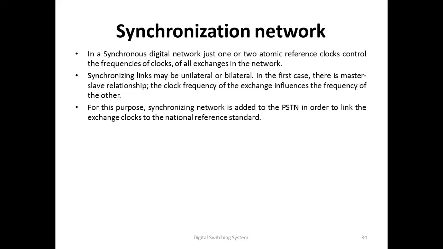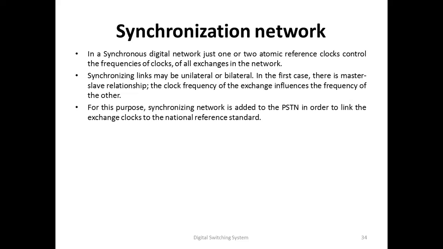This control voltage is derived from the incoming digit stream on a synchronizing link, which is used to determine whether the exchange clock rate should be increased, decreased, or left unchanged. This ensures that exchanges maintain the same long-term average frequency, although short-term variation may occur.